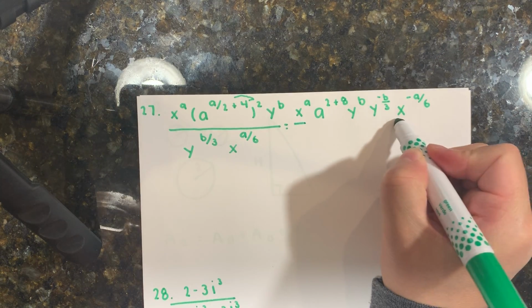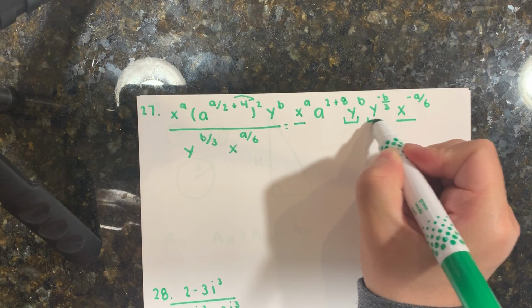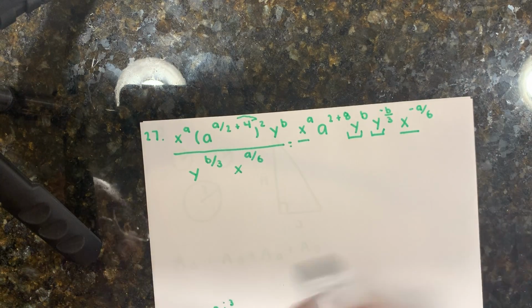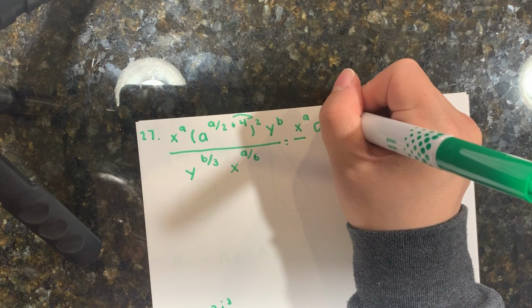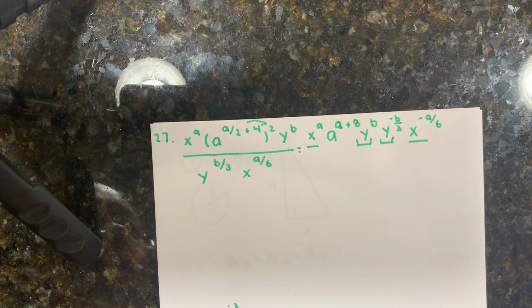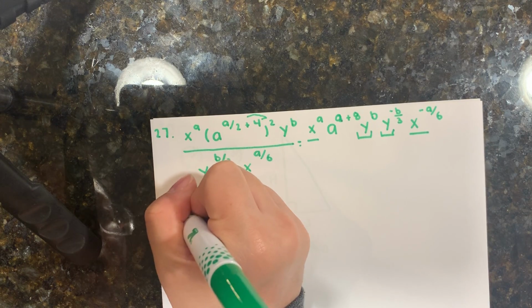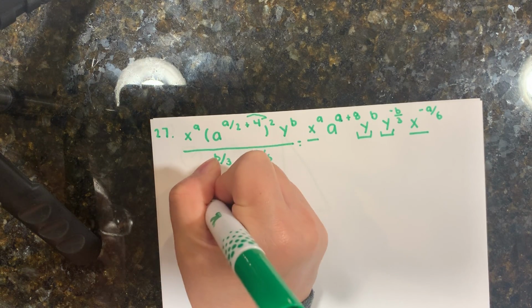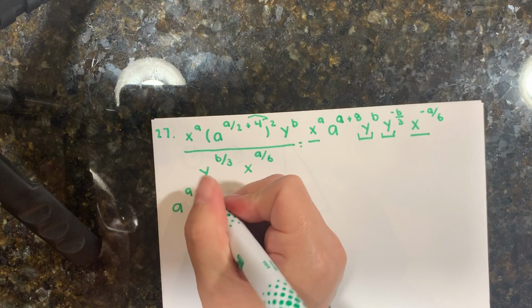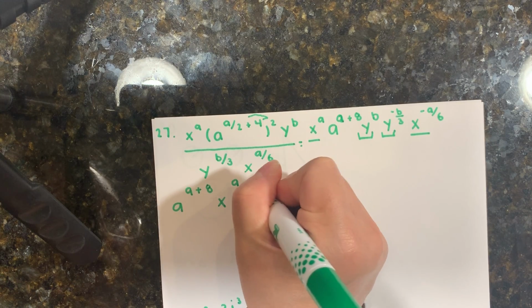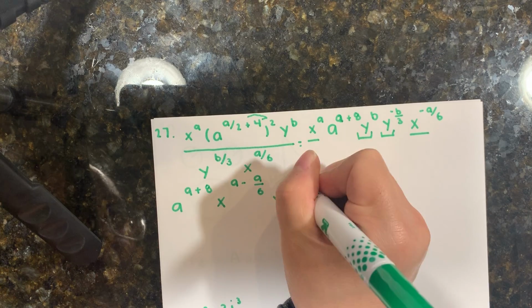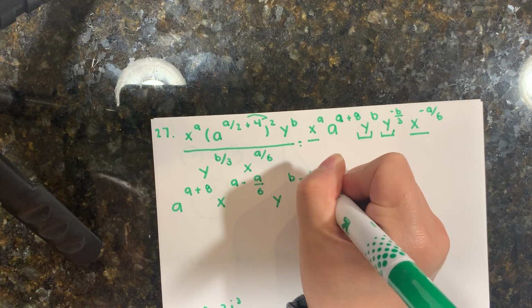Now I want to combine the x's, and then combine the y's. The a is going to be by itself. This should be a to the a, not 2. I don't know where I got that. So now I have a to the a plus 8, and then x to the a minus a over 6, and then y to the b minus b over 3.